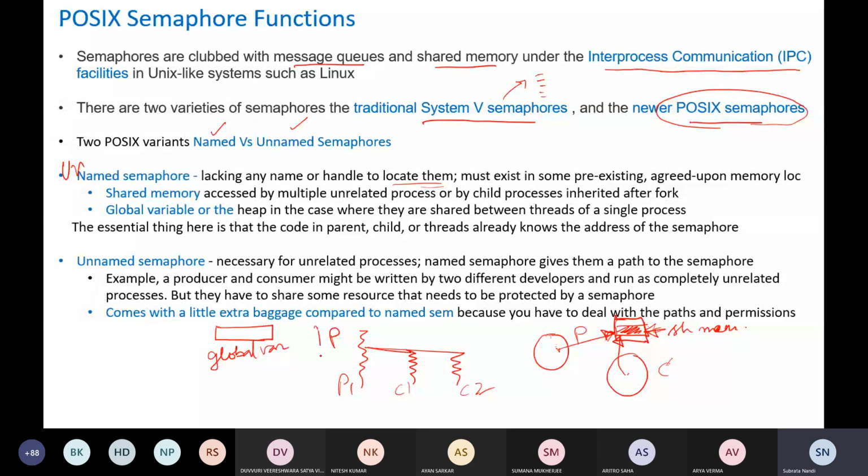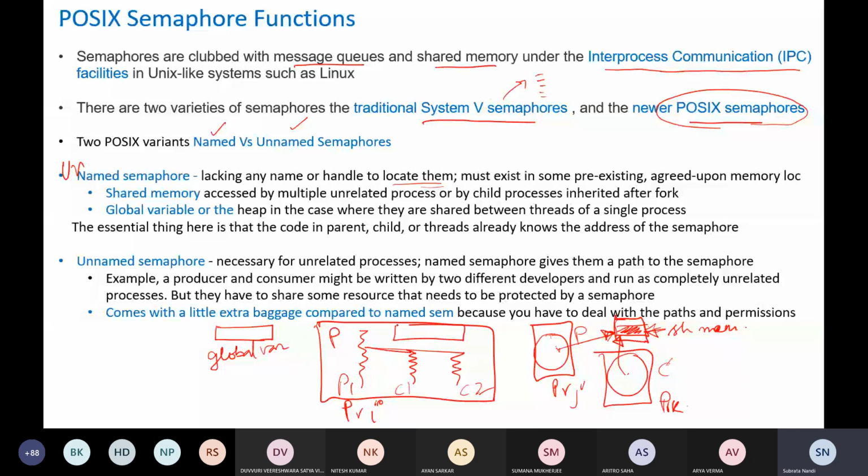When you are dealing with threads, they belong to the same process. As here these two are different processes, but here they belong to the same process I, while here this is process J and this is process K. In the same process I, you have got different threads, but all these threads have access to the commonly shared global variable.